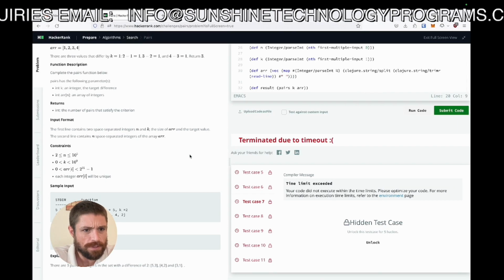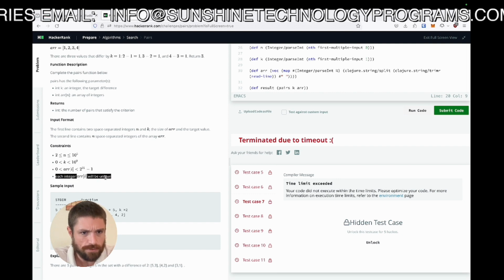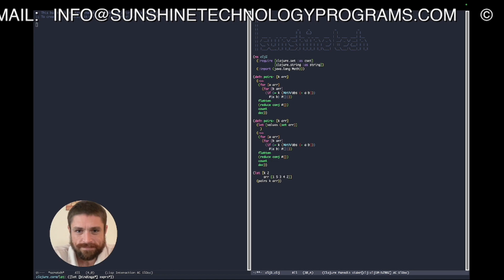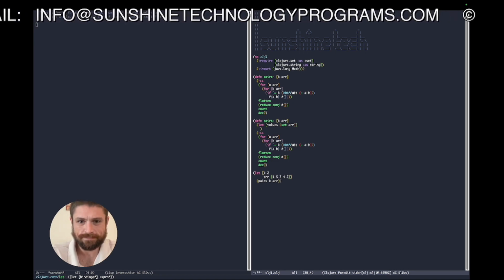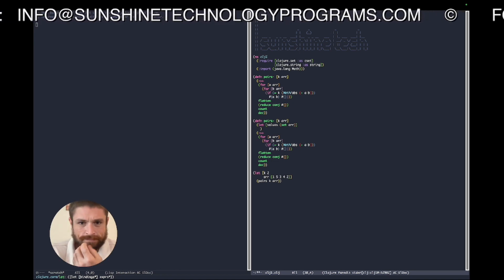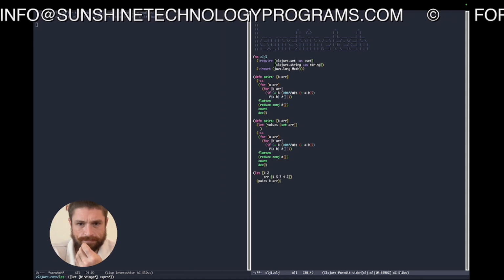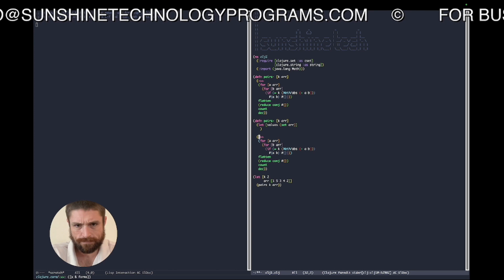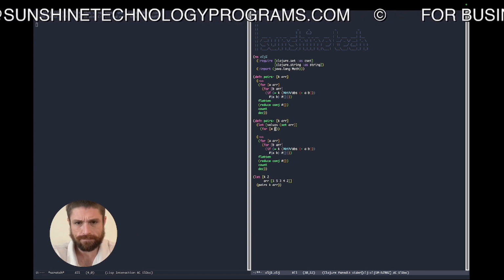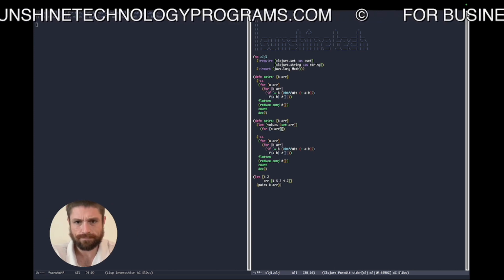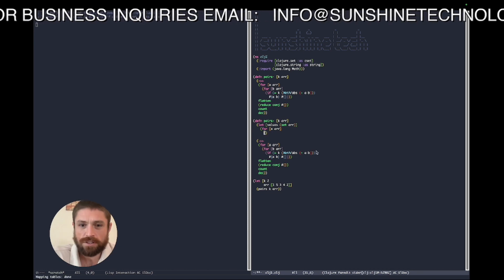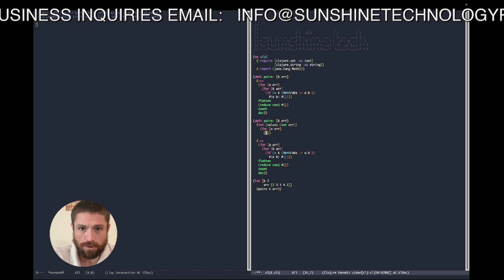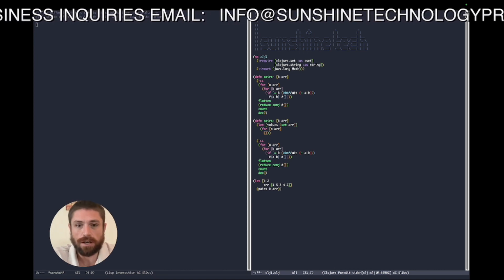Did we say they're all unique? They are all unique, so sets are a good tool to use here. So for each of these, there's two possibilities, either a plus k or a minus k.